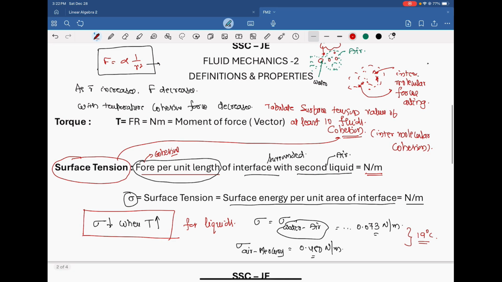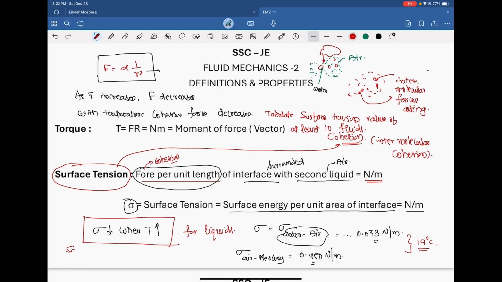Examples for surface tension are soap bubbles, water droplets, or we can even say liquid jet.